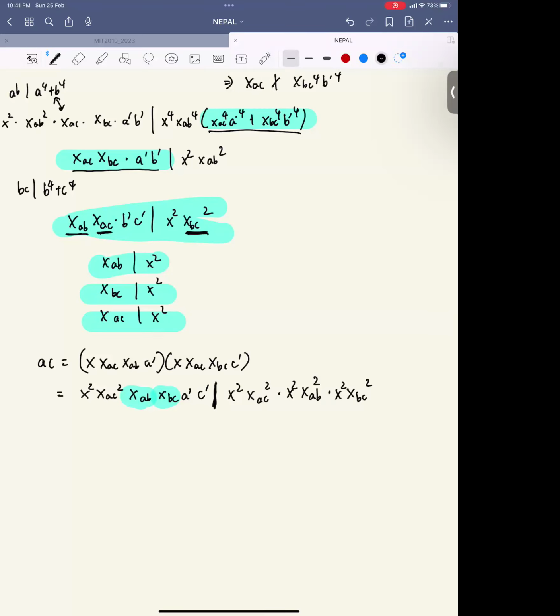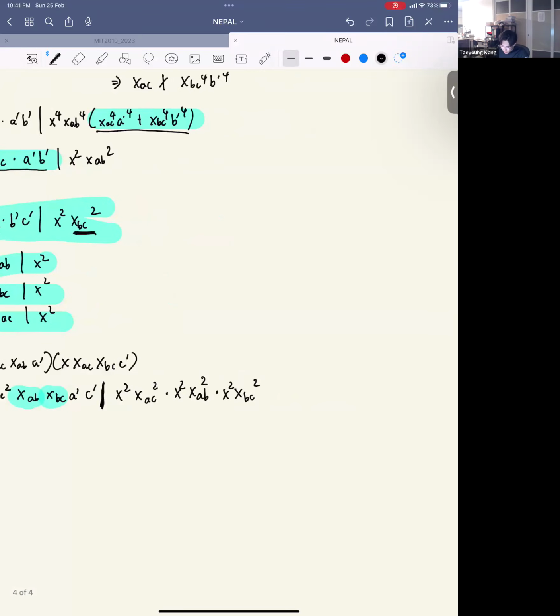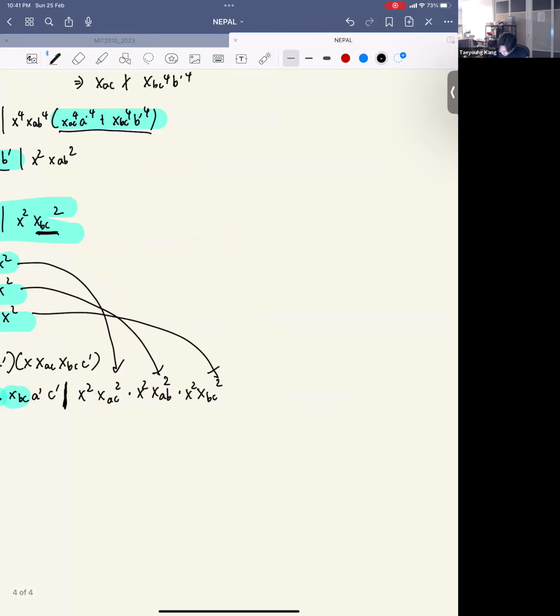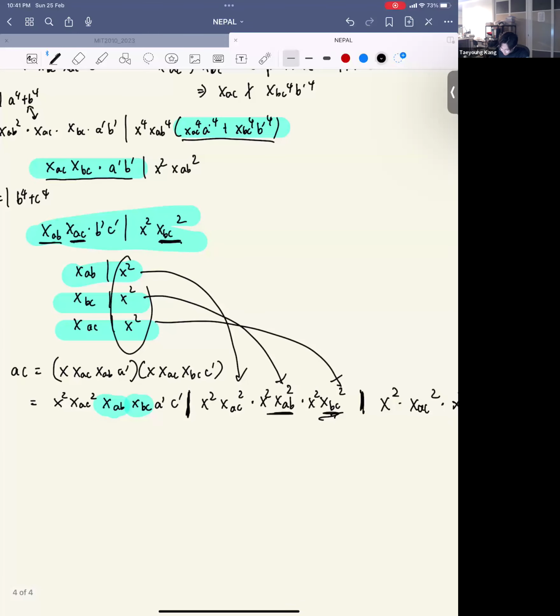Yep. And we finally utilize this to give us that this divides X square times XAC square times X square times X square, because we transform XAB and XBC into the X square terms.